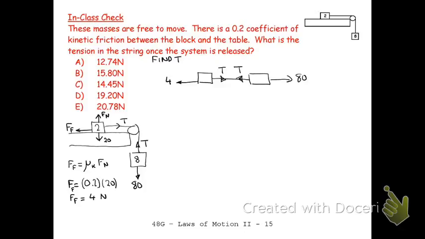And now it's same old, same old. This is 8, and this is 2. I say find T using the sum of the forces on the 8 is equal to the mass of the 8 times the acceleration of the 8.